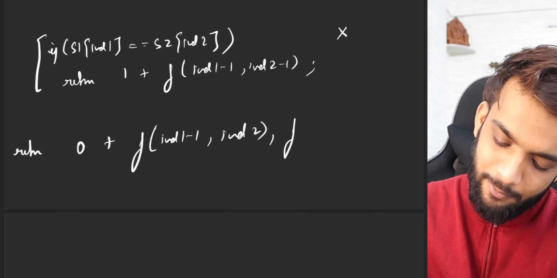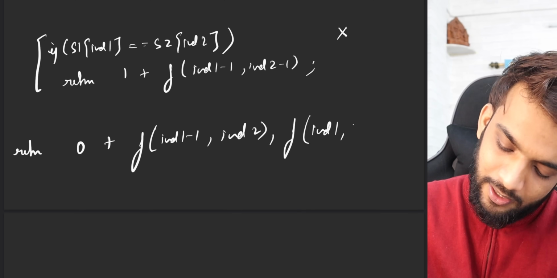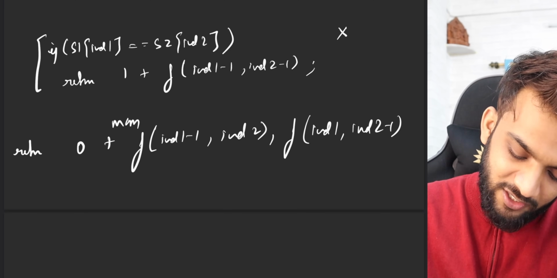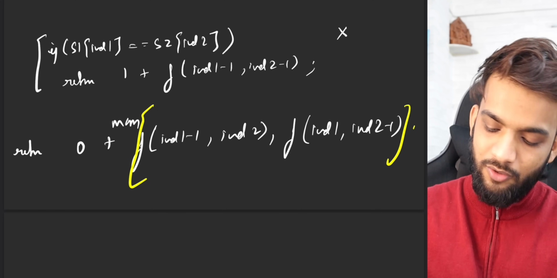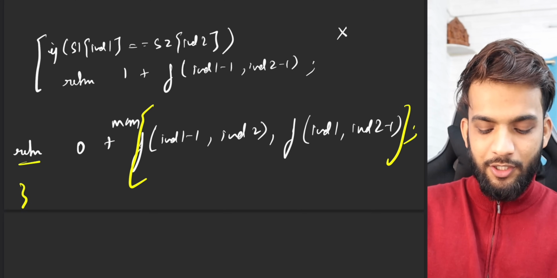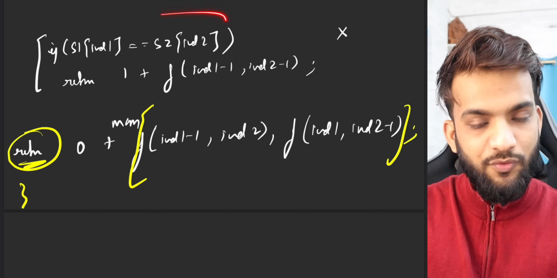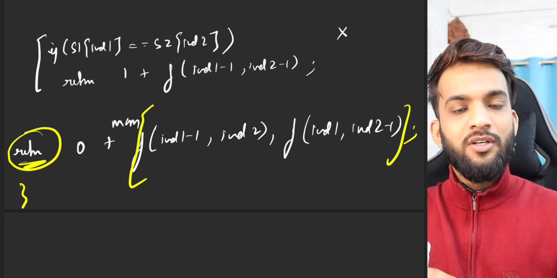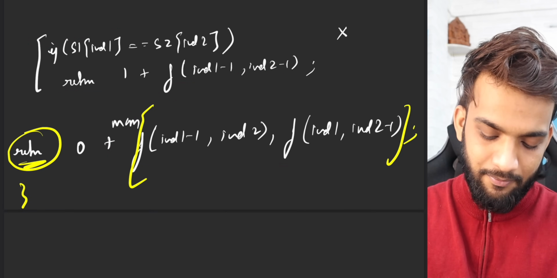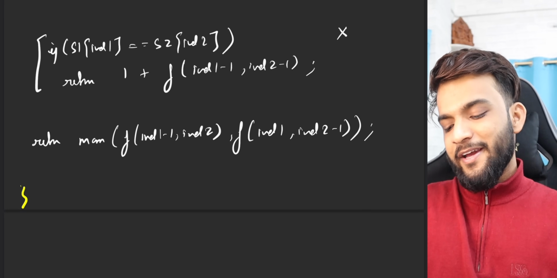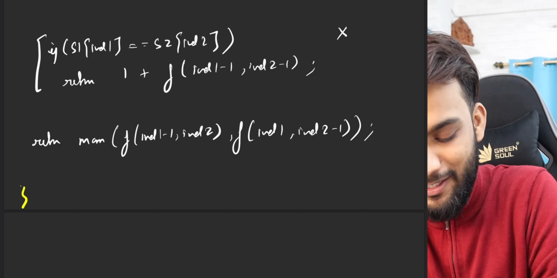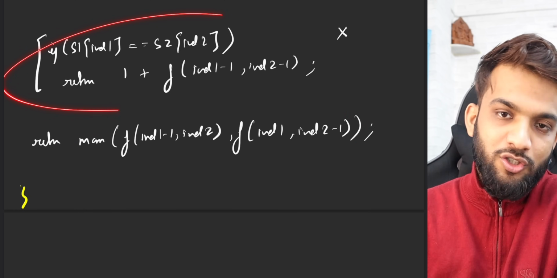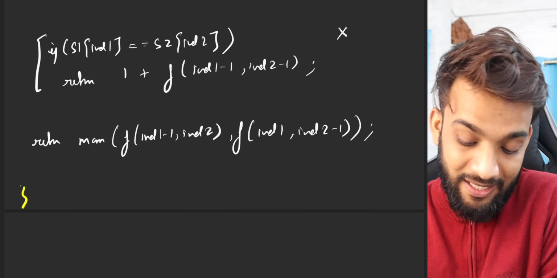Or I will keep the index 1 and move the index 2 by 1, and I'll take the max of the best of them. And that's what I will return. If they're matching, it's fine. If they're not matching, then take the max of these couple of guys and return. Written in a sophisticated way, it will look something like this: 0 plus 0 doesn't have any significance. This one not match, this one match. As simple as it can get.